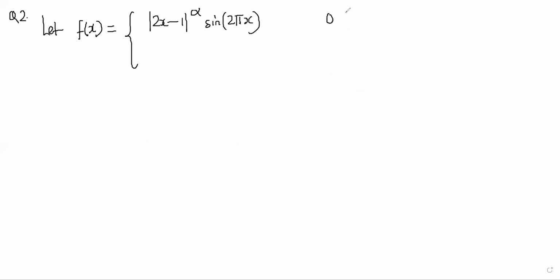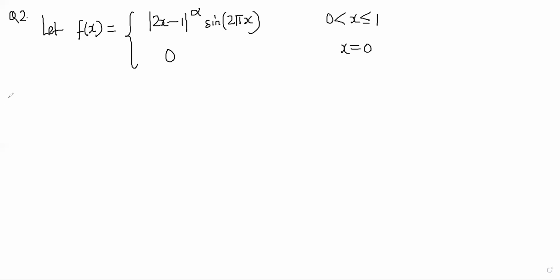Okay. Next one is this. Let f of x is equal to mod of 2x minus 1 to the power alpha times sine of 2 pi x when 0 is less than x is less than or equal to 1, and 0 if x is equal to 0.